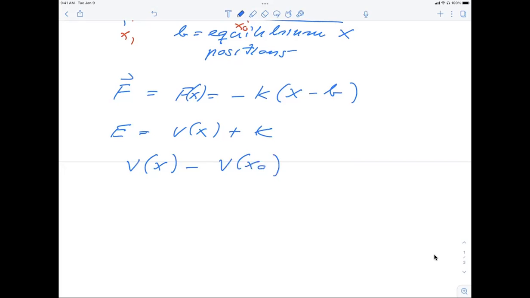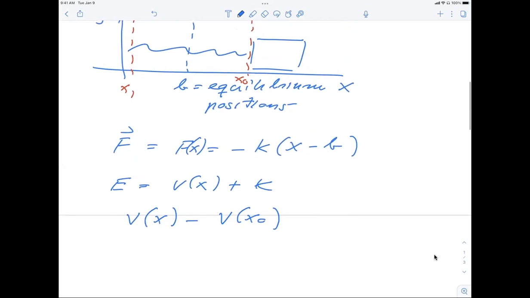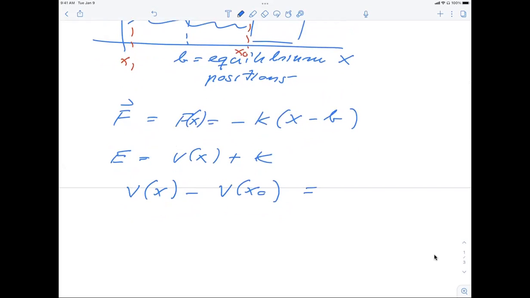Let's change a little bit. I need an X0 which is different, so it's not the same as the red X0. This is just a point I'm going to put in a graph here. So this X0 is just a given point here. And this is obviously given by the integral from X0 up to X of F of X dX.